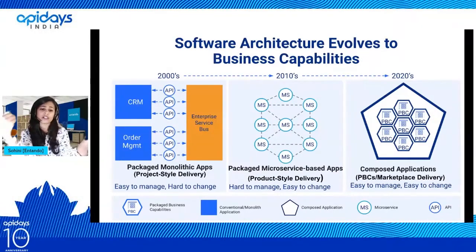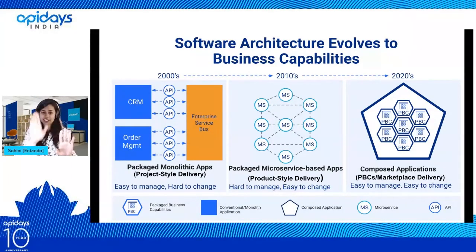So the project delivered monolithic applications are relatively easy to manage since all their parts are tightly connected and always change together. These applications are managed as one unit, but for the exact same reasons, they're hard to change.